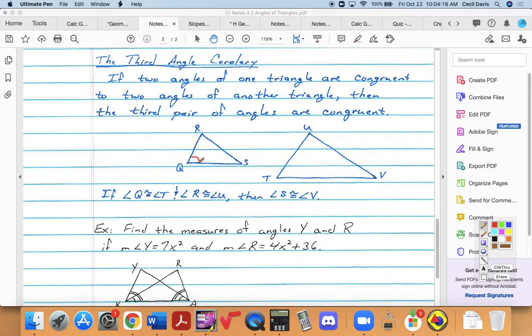So if angle Q is congruent to angle T, and angle R is congruent to angle U, the third angle theorem tells me that angle V and angle S have to be congruent also. Because no matter how big or how small the triangle is, the angles have to add up to 180 degrees. Okay? So, let's do an example problem.